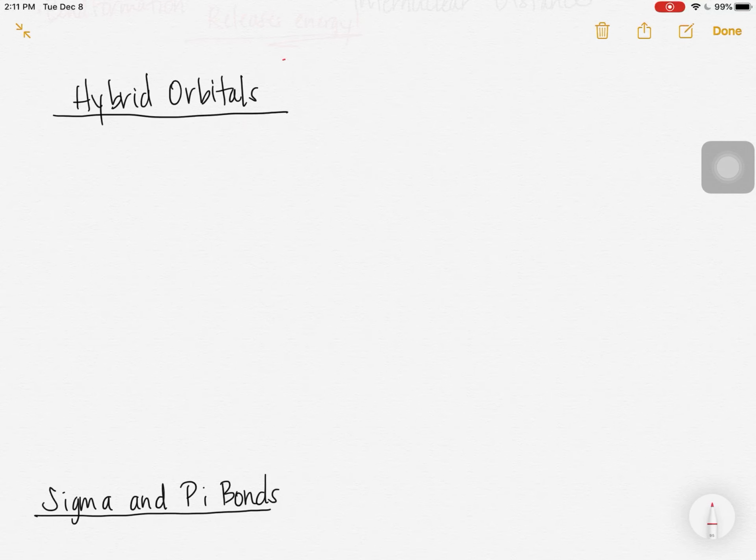Then we went into hybrid orbitals, which we could talk for a long time about, this idea of mixing and promoting and all of that. But the takeaway was hybrid orbitals form because they give better overlap and thus a stronger bond.